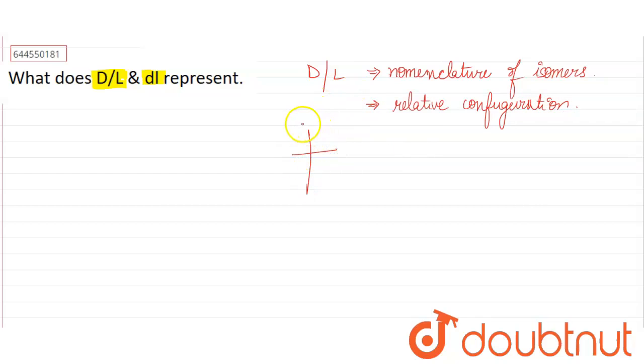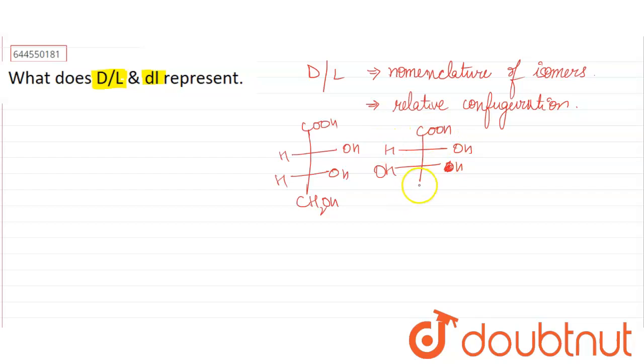How do we use that? Suppose we have this compound: CHO on top, then H and OH, here H and OH, and at the bottom CH2OH. And we have a different one over here, with OH on the left and H on the right. If the more electronegative group, say I call it the R group, is on the left hand side, we name it capital L, L for left.